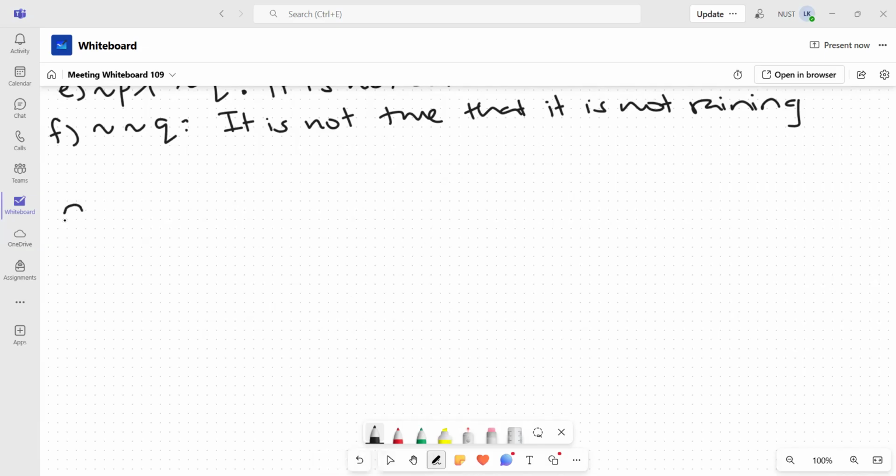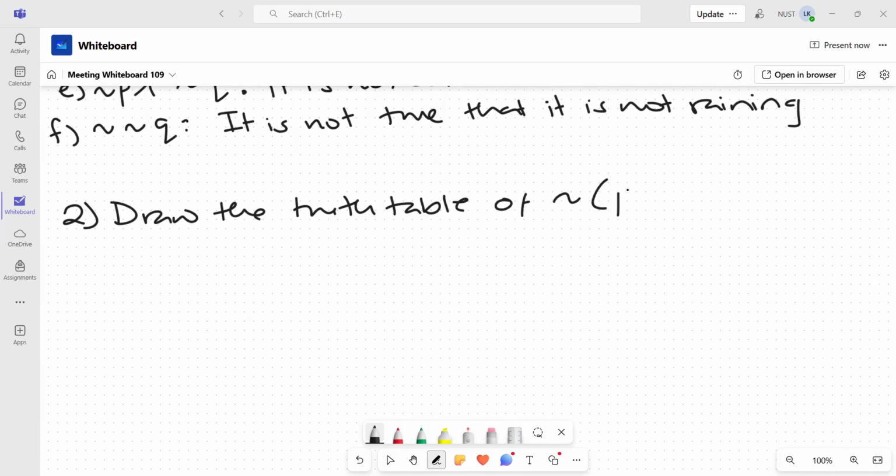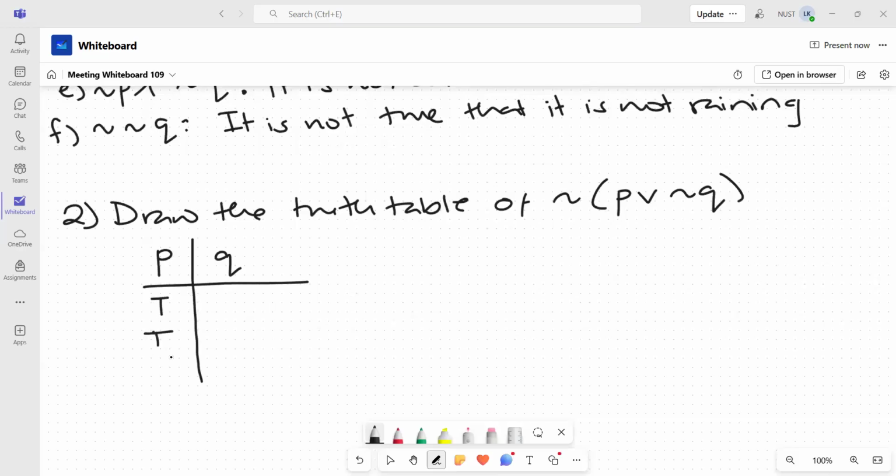So the question would say, draw the truth table of not P or not Q. So we start with P, Q. This is true, true, false, false.